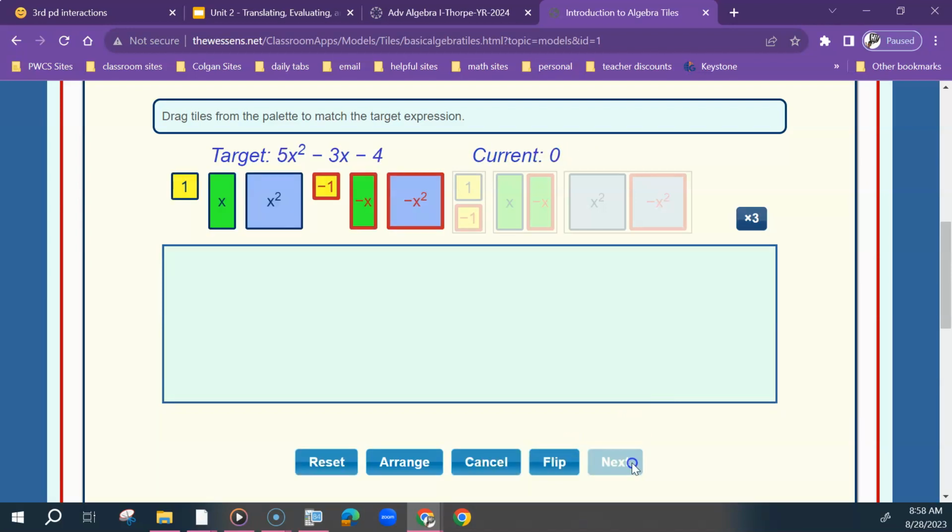Alright, last one. 5x squared minus 3x minus 4. So before you answer, I want you to model it.